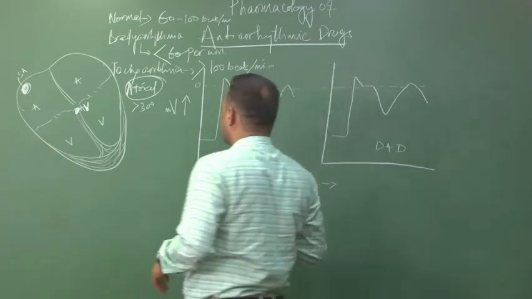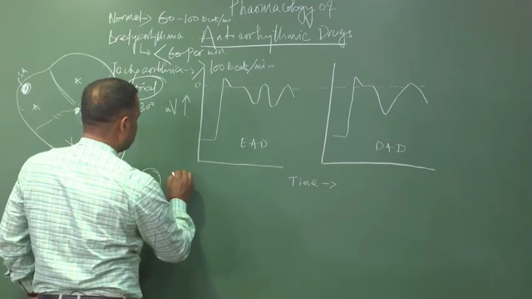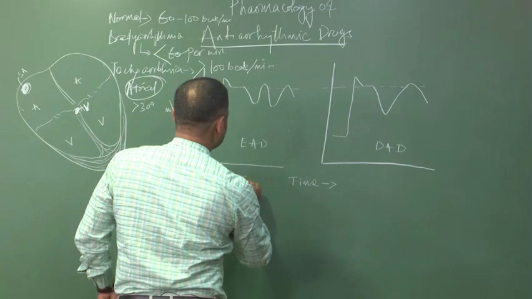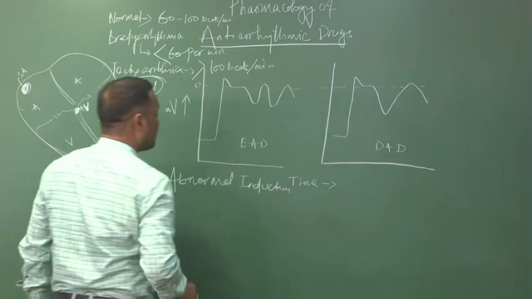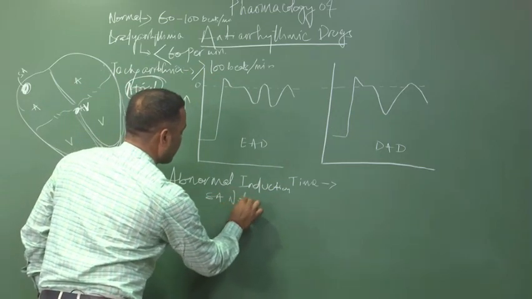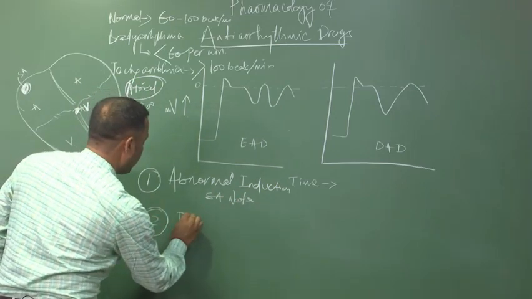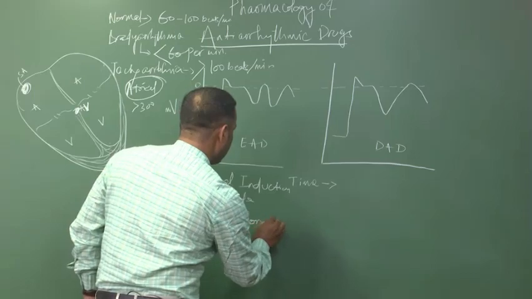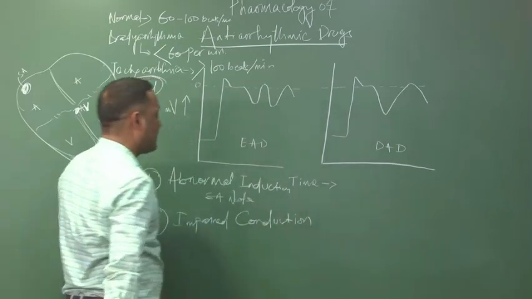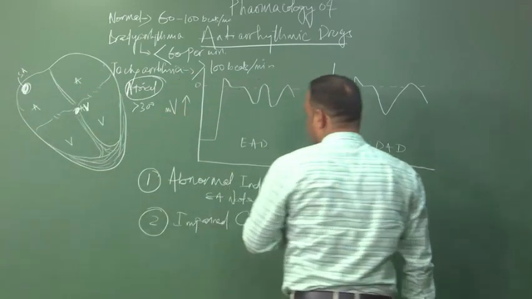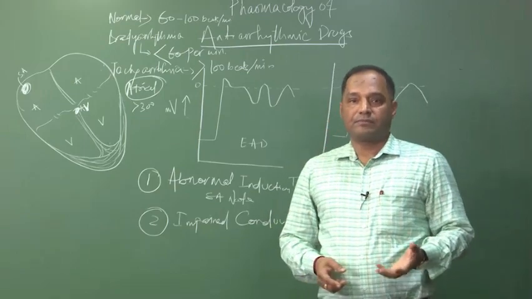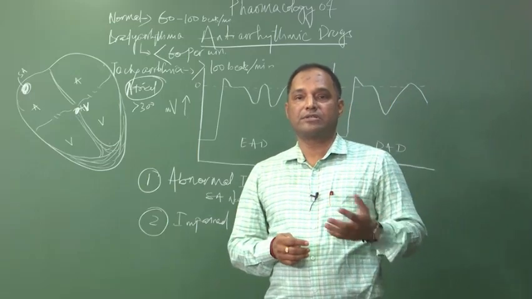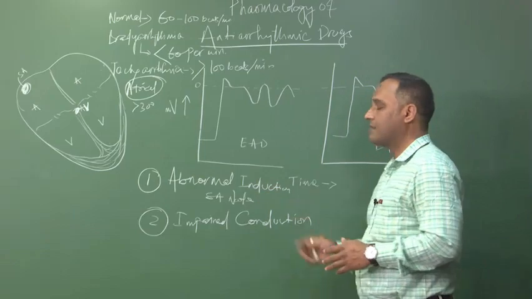The first one is abnormal induction of impulse by the SA node, which is a pacemaker; this pacemaker activity by the SA node is also known as automaticity.